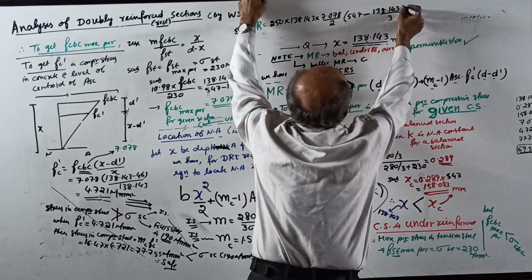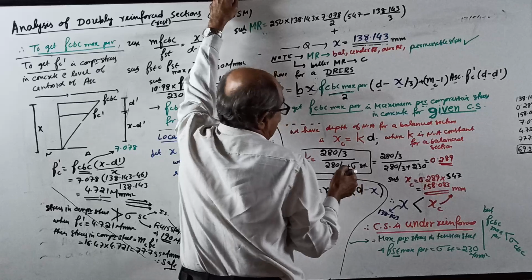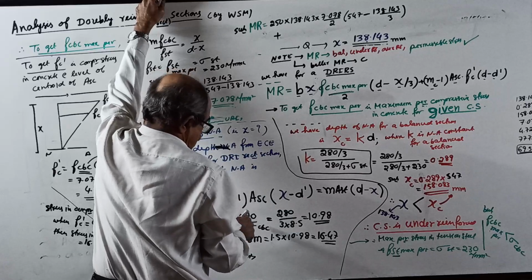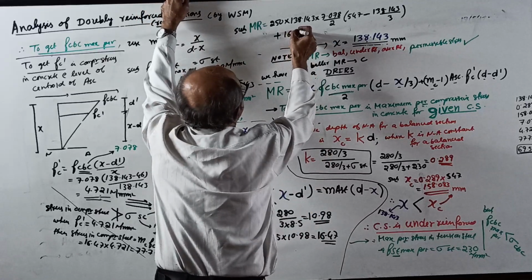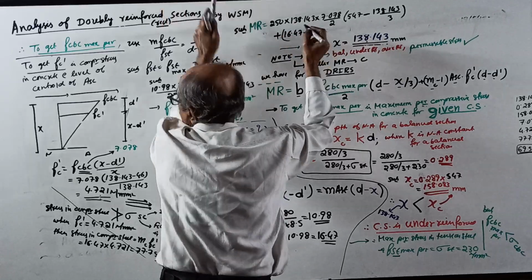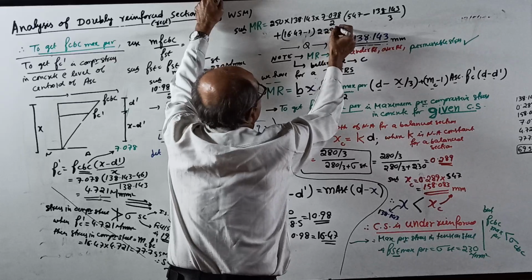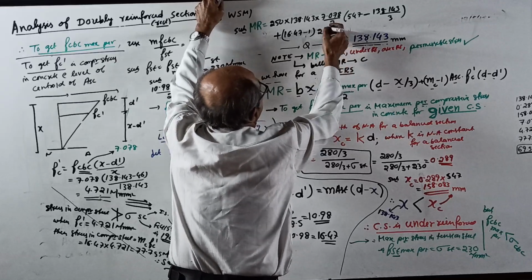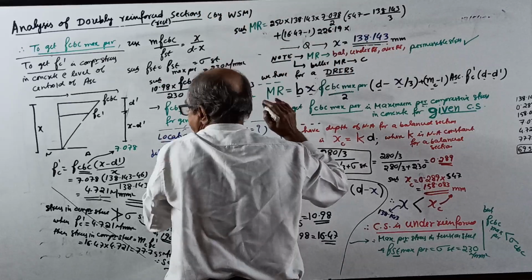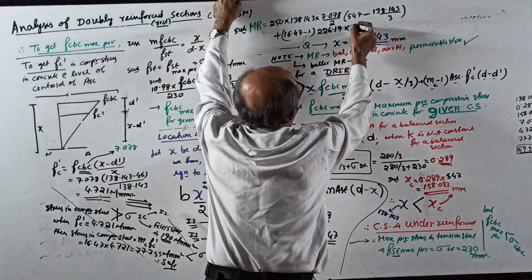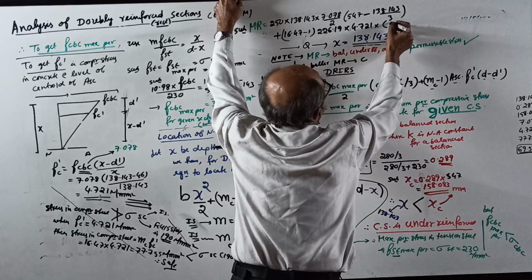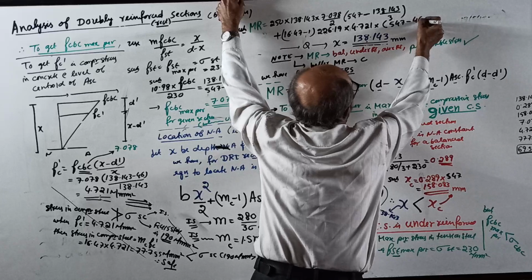138.143 divided by 3, plus MC minus 1, 16.47, minus 1, ASC 226.19, MC minus 1 ASC into FC dash 4.721 into bracket D 547 minus D dash is 46.